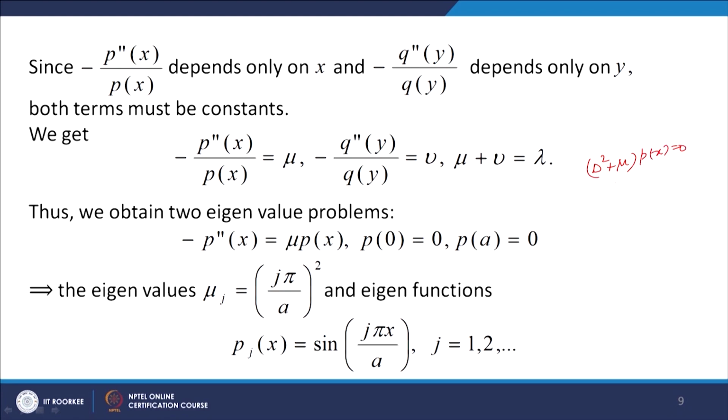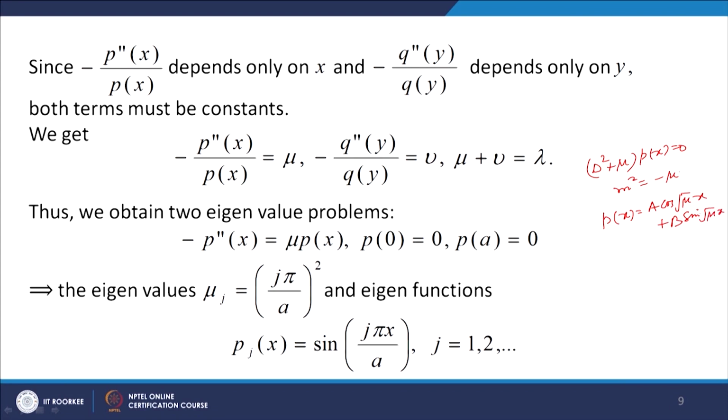So this means that m square is equal to minus mu. This gives us 2 complex roots, because mu we are taking here as positive. So p x will be equal to a cos root mu into x plus b sin root mu into x.